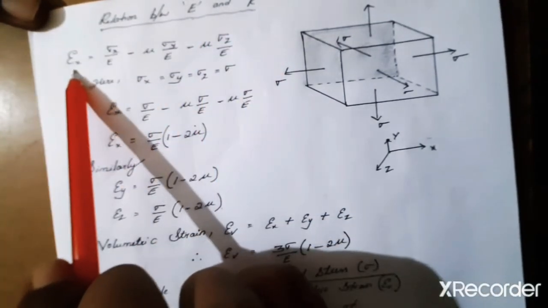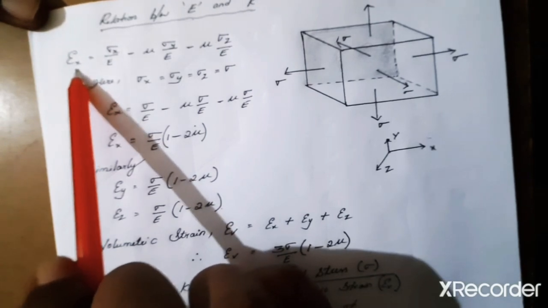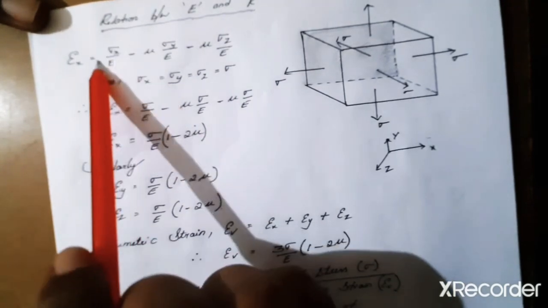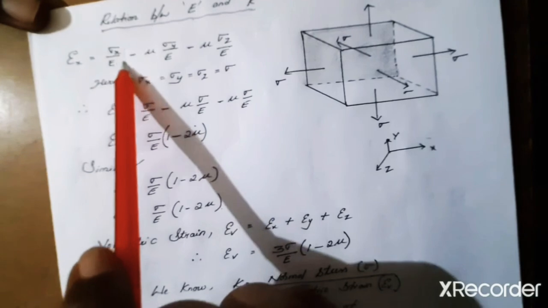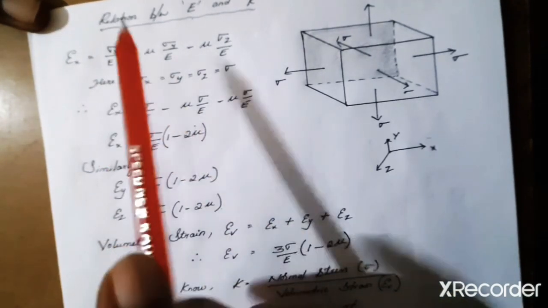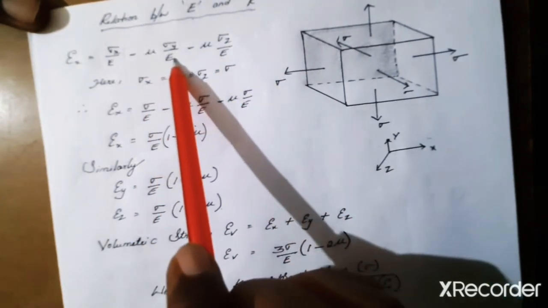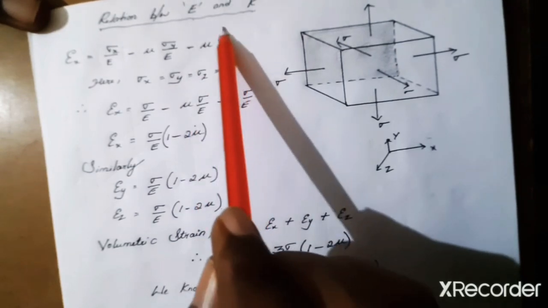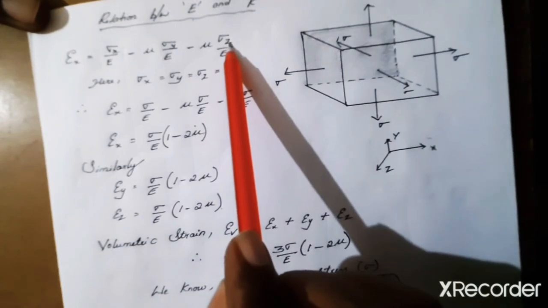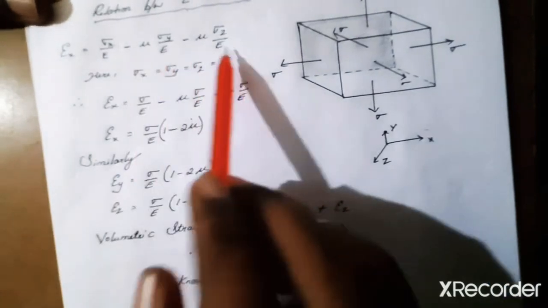We have seen this equation previously in the Generalized Hooke's Law. Epsilon x is nothing but the net strain in x direction, which equals the longitudinal strain in x direction because of sigma x, minus the lateral strain in x direction because of sigma y, minus the lateral strain because of sigma z. Of course, you can write it in y and z directions also.